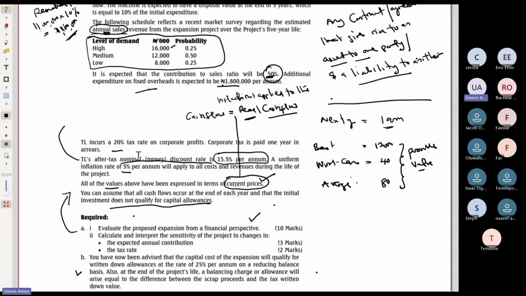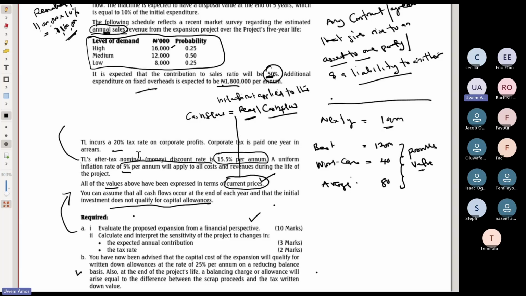TL's after-tax nominal money discount rate is 15.5% per annum. A uniform inflation rate of 5% per annum will apply to all costs and revenue during the life of the project.